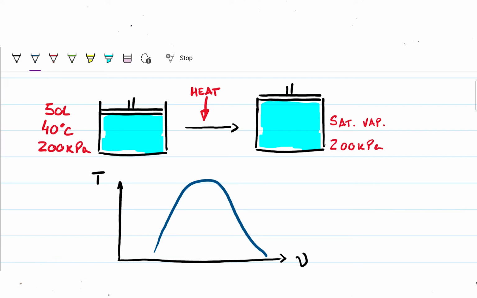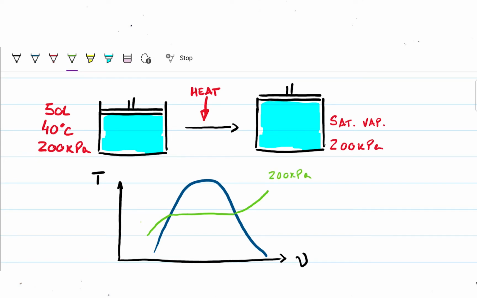And we are always on top of a constant pressure line because we're always at 200 kilopascals, okay? So I'm going to go ahead and draw my constant pressure line. I'm going to choose any line here, okay? And I'll go like this, and then go like this, and when it hits that, it's going to go straight, and then when it hits here again, it's going to go up again, okay? So this is my 200 kilopascal line.